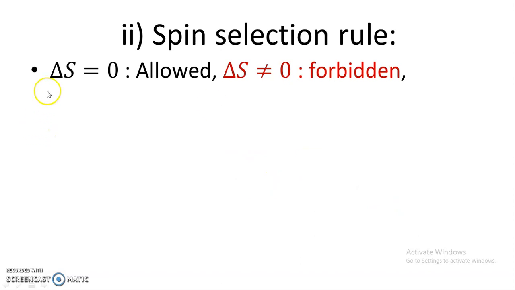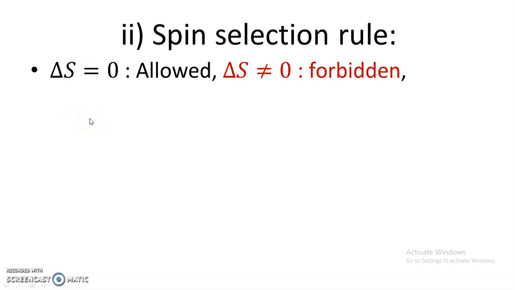Now the second rule is the spin selection rule. According to the spin selection rule, any transition with delta S equal to 0 is allowed, whereas a transition with delta S not equal to 0 is forbidden, where S is the resultant spin quantum number.